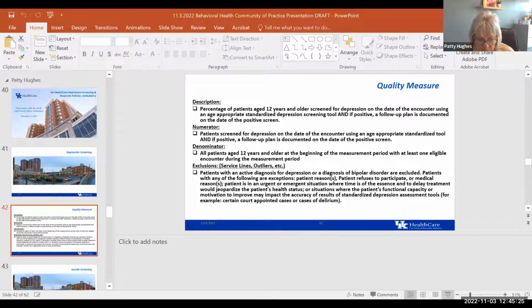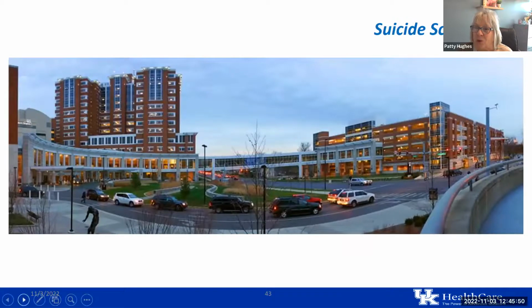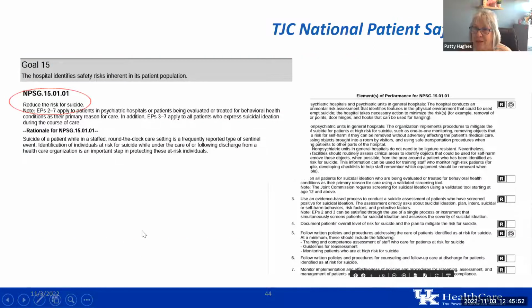When you take out all of the really difficult language, it's a lot of words when you look at the Joint Commission manual, but what it boils down to is it's our responsibility as a healthcare system to reduce the risk of suicide. And really this is just the right thing to do for our patients. That's why we should do it.